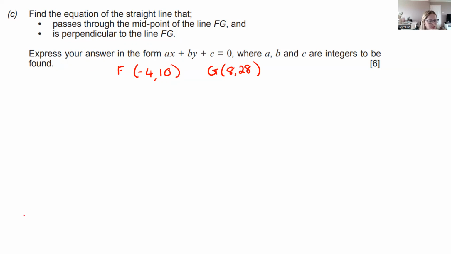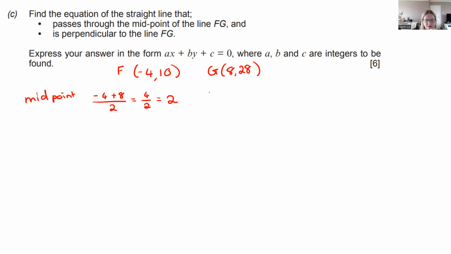Okay, so we've got to find the midpoint. To do this, we're going to add both points up and then divide by 2. So -4 plus 8 all over 2. That would give me 4/2, which gives me 2.